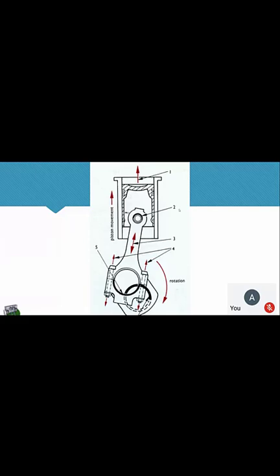Ali Akbar, please ask. Sir, when in the power stroke the force goes from the piston through the connecting rod to the crank pin, the bearing stress will act only on the upper part of the connecting rod, right sir? So how will the compression load come on the bolts? See what I mean to say: when the piston is moving down, because of the downward motion, the piston's force is here, and through the pin it acts like this on the connecting rod.